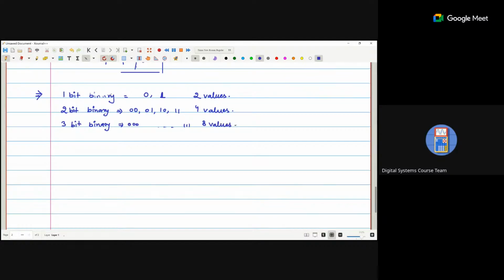So we can say 2 raised to power n values can be represented, where n is the number of bits, and the values lie in the range 0 to 2 raised to power n minus 1.